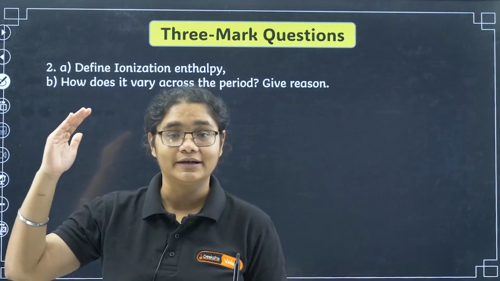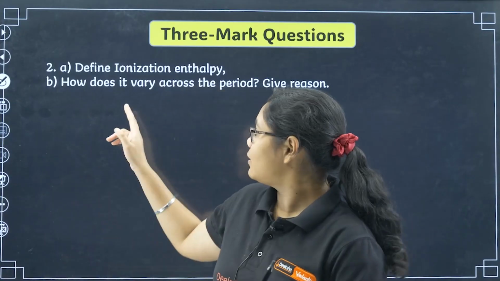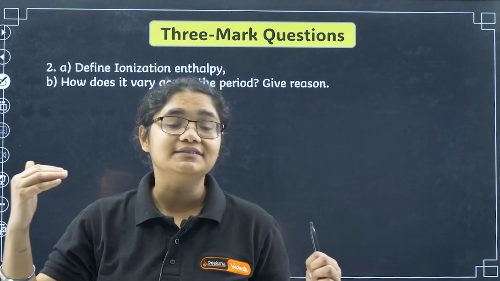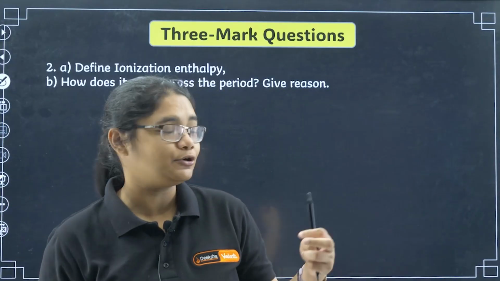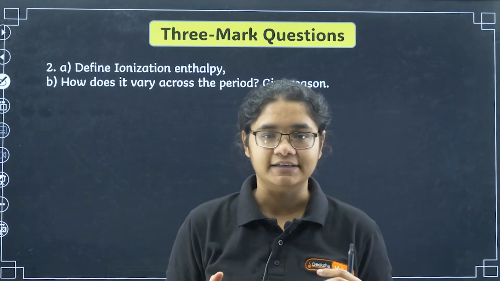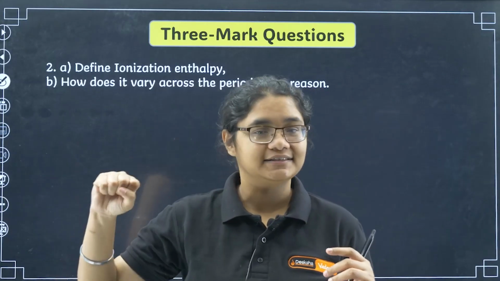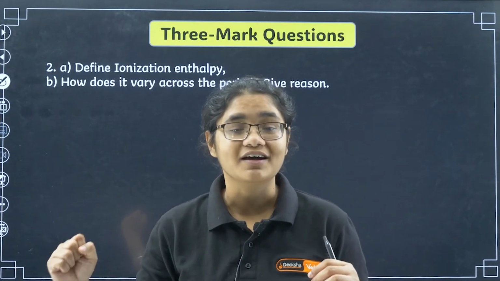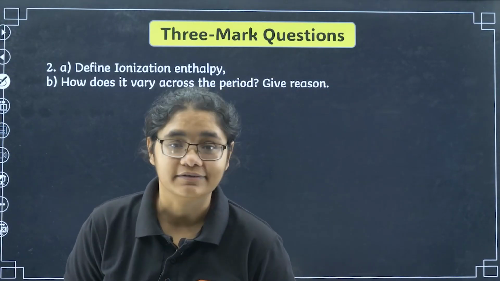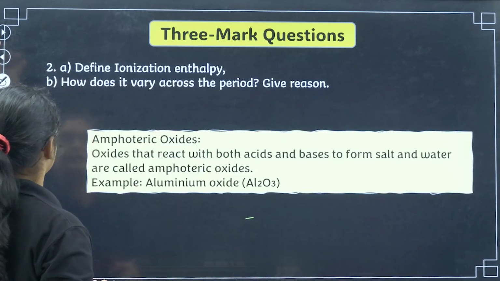Please remember, isolated gaseous neutral atom. Now what happens across the period? Across the period, ionization enthalpy increases. You also have to give the reason. Across the period, the size is decreasing, effective nuclear charge is increasing, as a result of which ionization enthalpy increases.